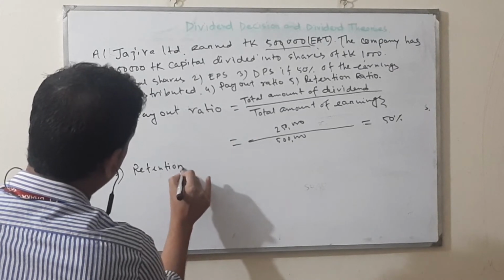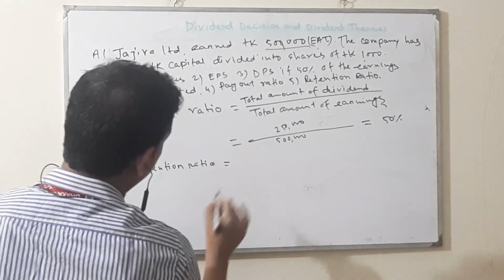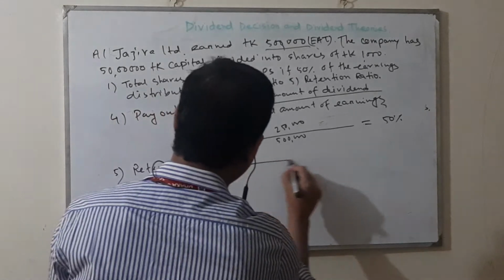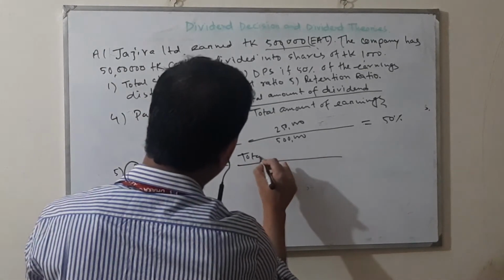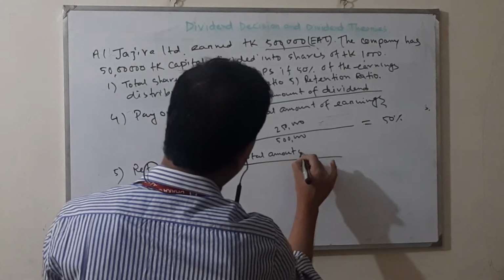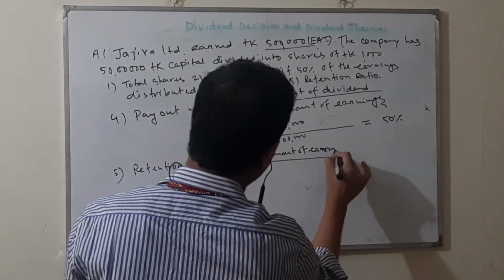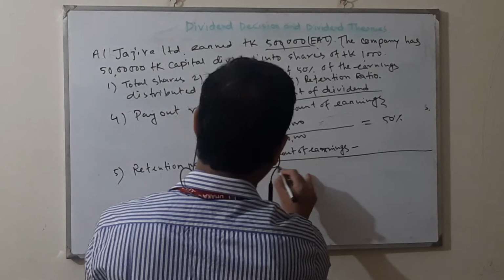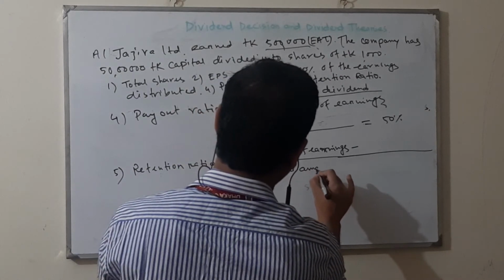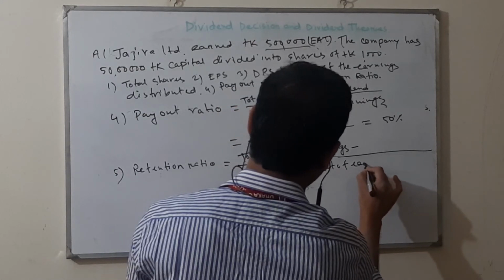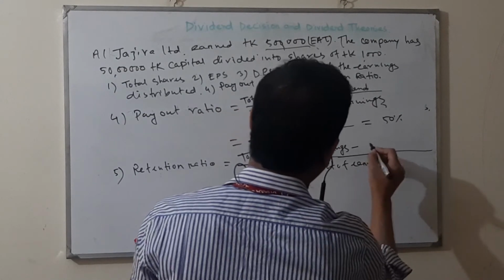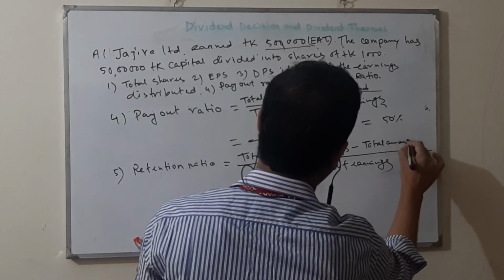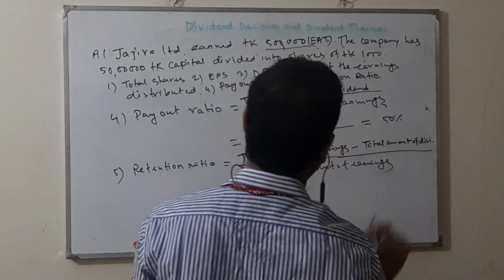Then number 5 is retention ratio. Retention ratio is the total amount of earnings minus the total amount of dividend, divided by total earnings.